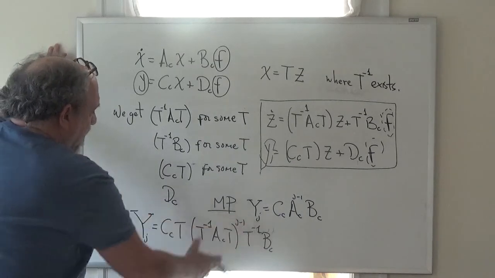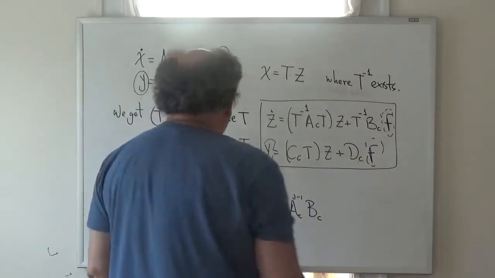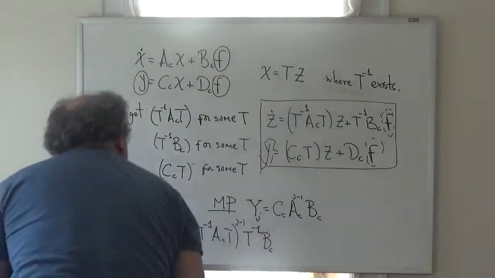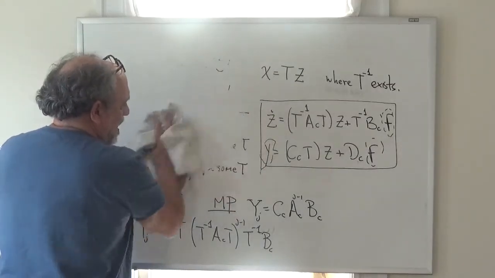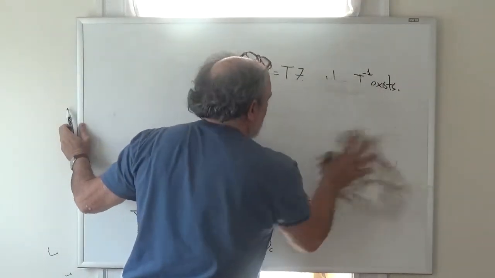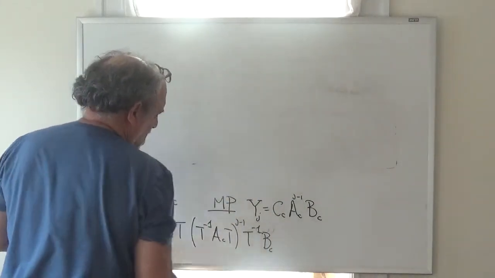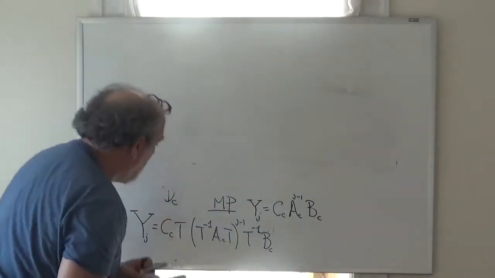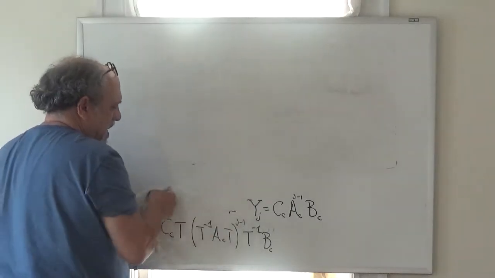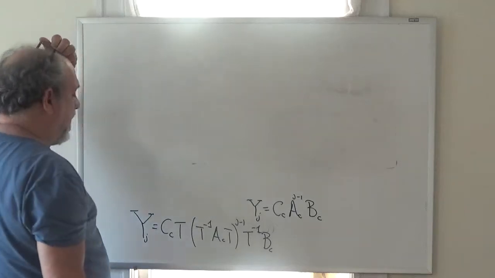So you see that this is the Markov parameter, right? Now, if we take the sequence that we have here, imagine that j was, I don't know, 3.